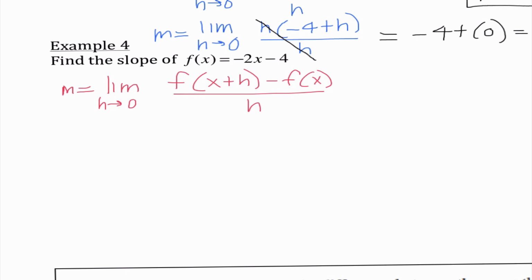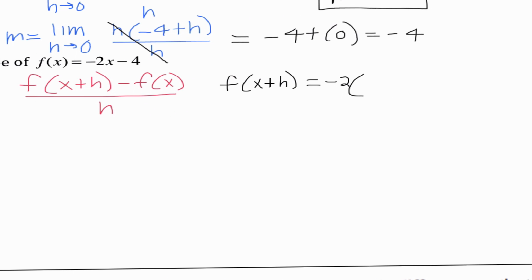And I'm going to start off here by finding what is f of x plus h. So this time, it means that wherever there was an x, I need to replace it with x plus h. So I get -2 times x plus h minus 4. So -2x minus 2h minus 4.